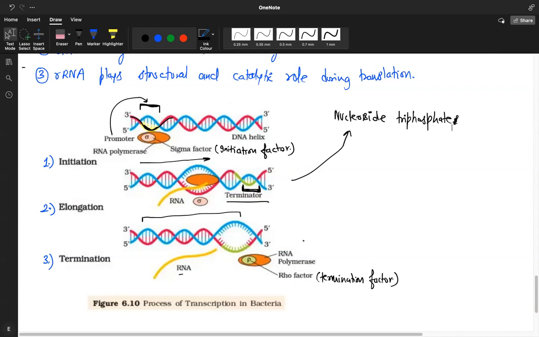RNA polymerase falls off the DNA along with the newly synthesized mRNA or RNA.